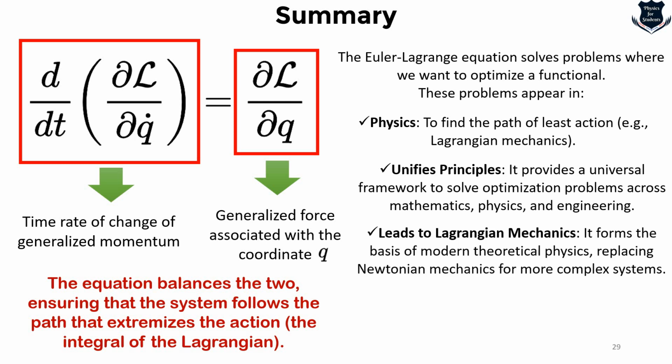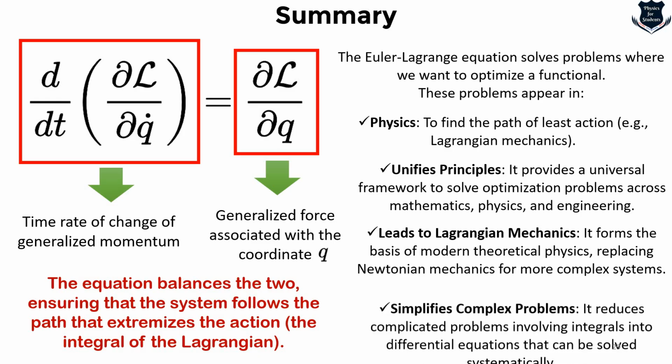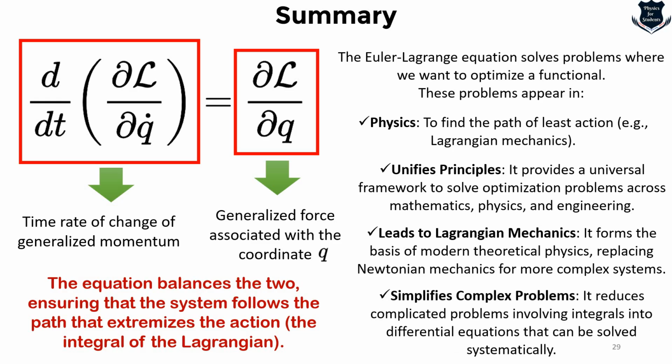That means it forms the basis of modern theoretical physics going up to quantum field theory, etc. And it ultimately solves a lot of complex problems and makes the lives of mathematical physicists and scientists easier, because the complicated problems involve too many differential equations which can be solved mathematically.